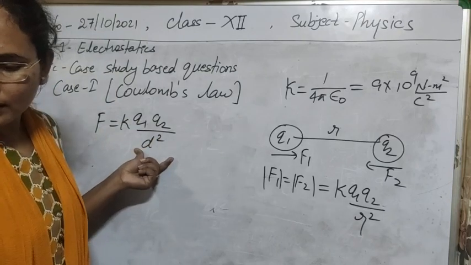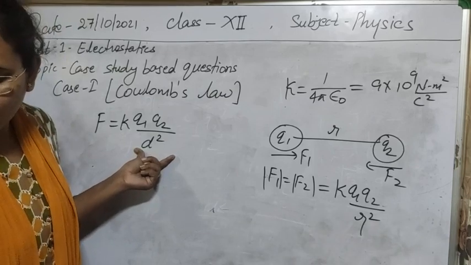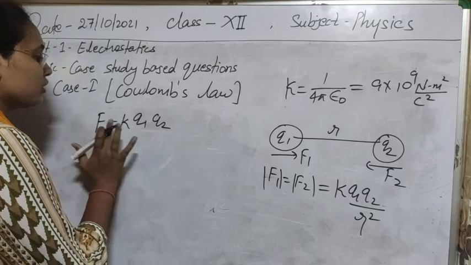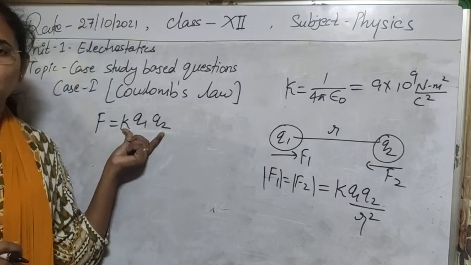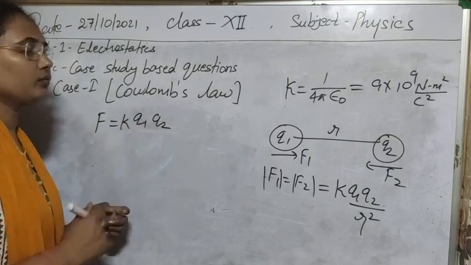It will be k q1 q2 by d square. Now d is equal to 1 meter, so if you put d equal to 1, this becomes k q1 q2. Now what will be the value of q1 q2?